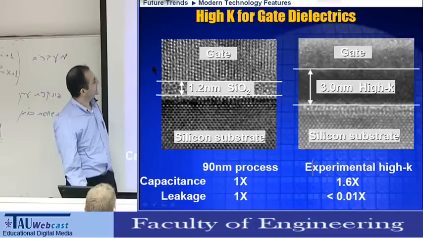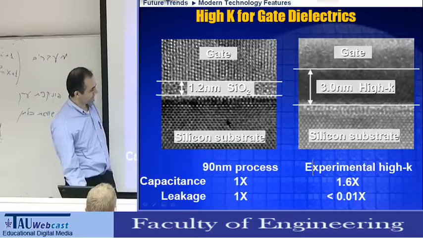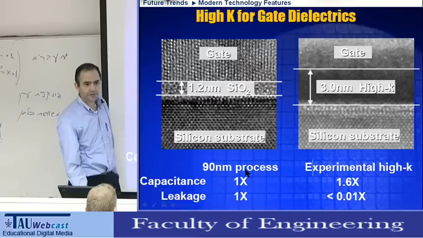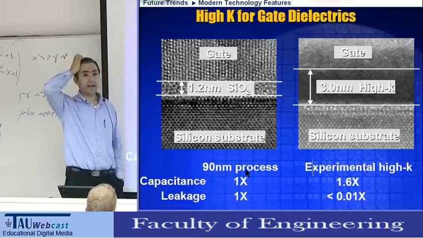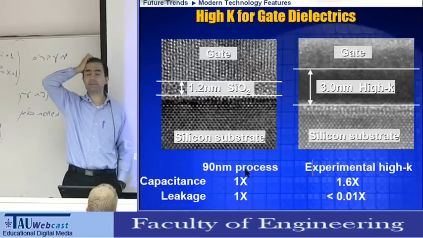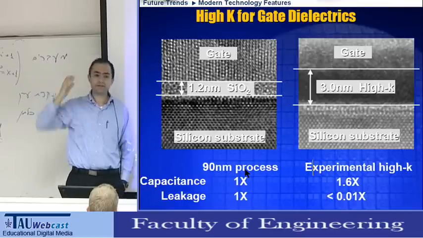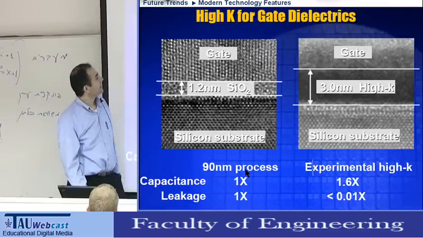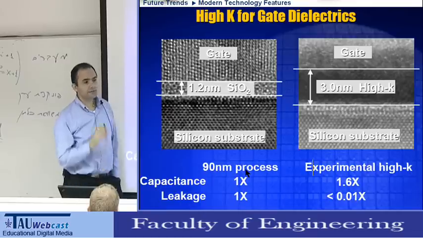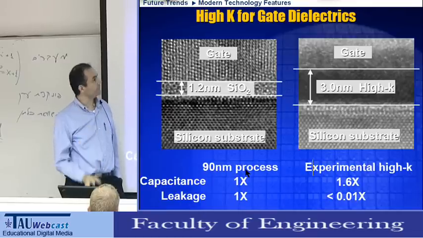And what we can see here is the generation of a 90 nanometer process, which we had at 2005, 2004.